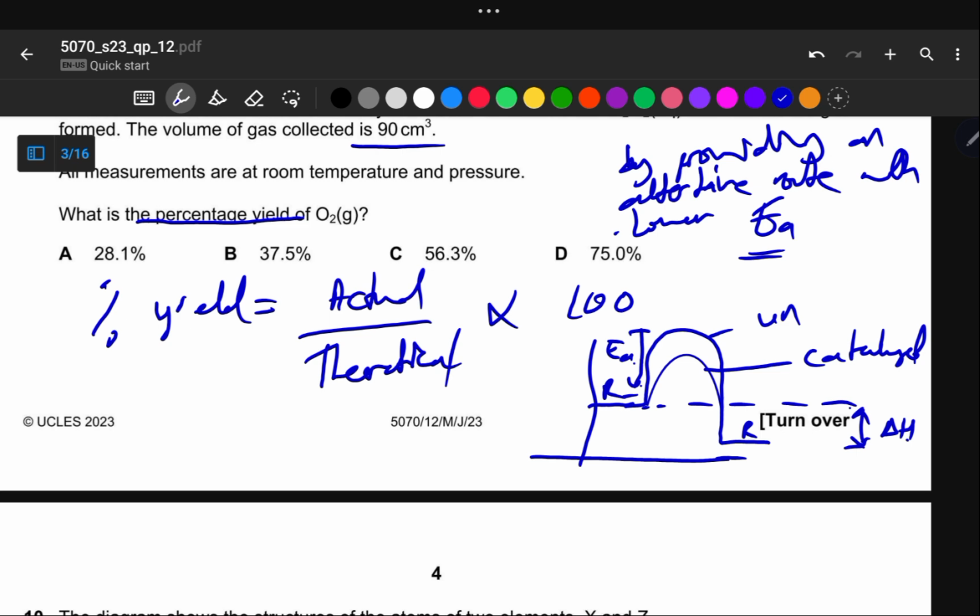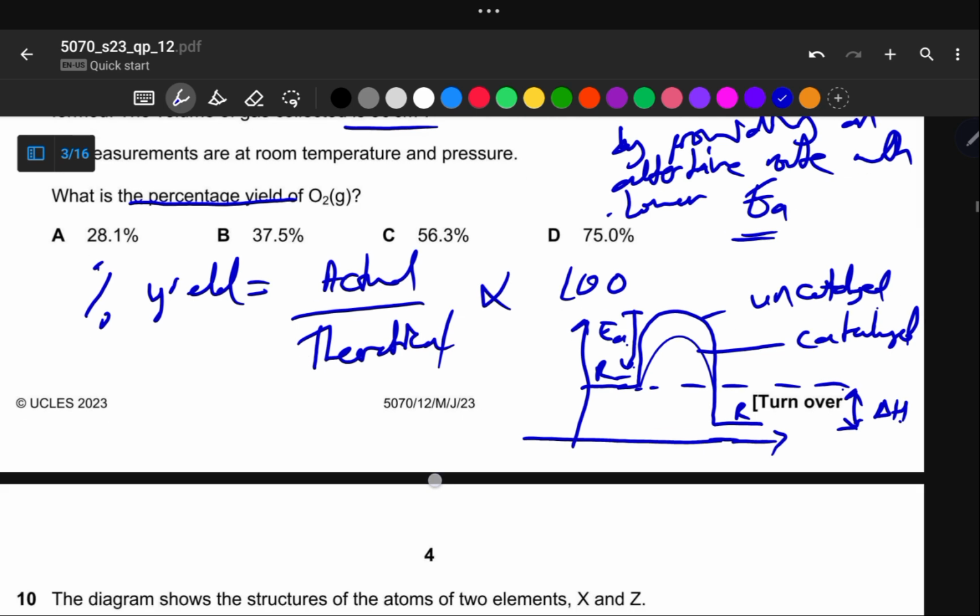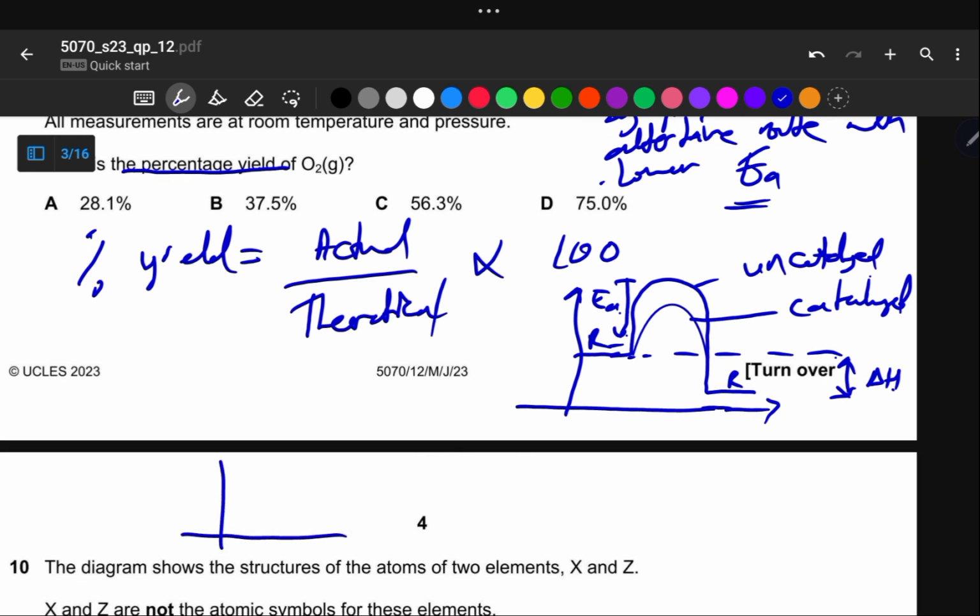This is the uncatalyzed reaction, and this is the catalyzed reaction. You need to take note of this graph, right? You need to know this graph inside out. And also this curve: this is the volume of oxygen produced against the rate of the reaction.